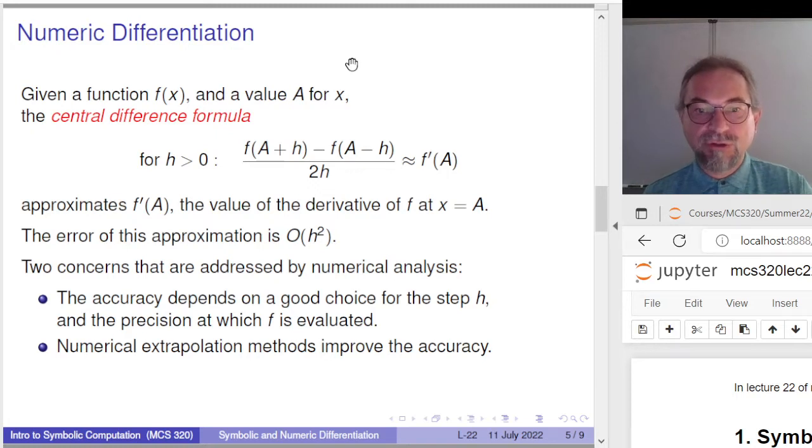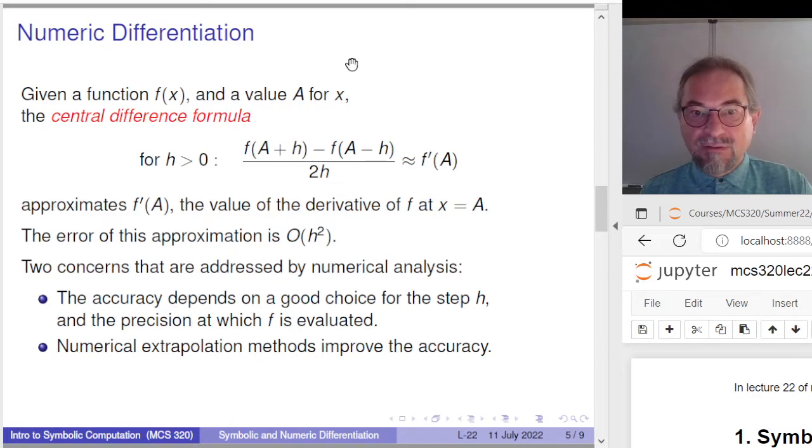The numerical result is an approximation. It depends on the value of h. If h is 10 to the power minus 2, then the error of the approximation will be about 10 to the power minus 4. That means about 3 to 4 decimal places.